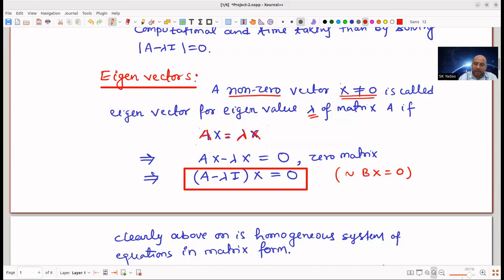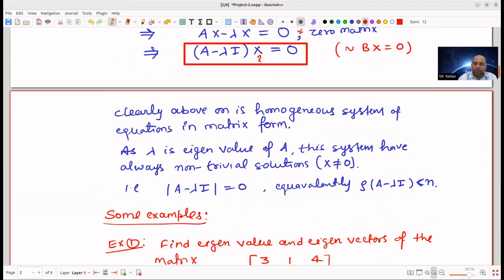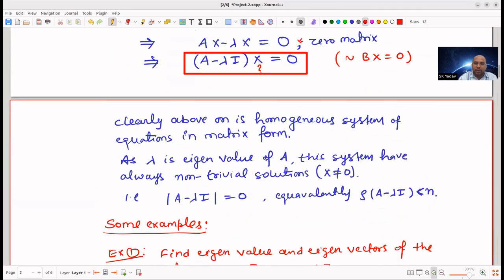So I can write Ax minus lambda x equals 0, where 0 is the zero matrix here. More simplified, I can write (A minus lambda I)x equals 0. So our task is to find this x. This is now a system of homogeneous equations in matrix form.